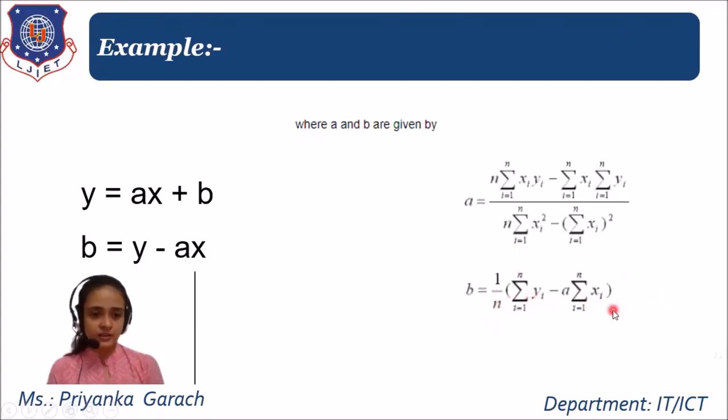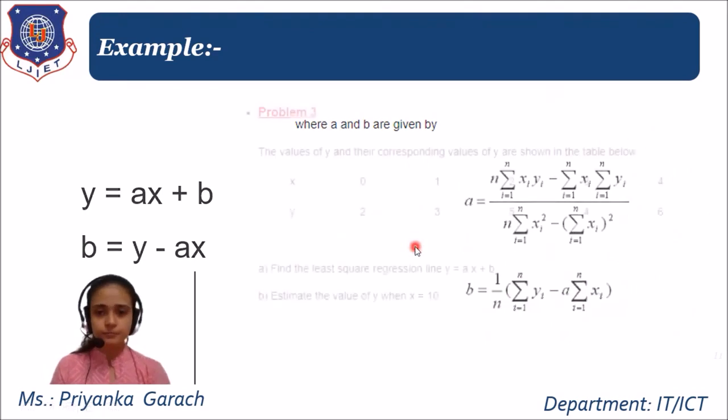So I can write it as 1 upon n into the bracket, summation of y minus a into summation of x. The a comes from the earlier equation. This is how you can find the value of a and b.